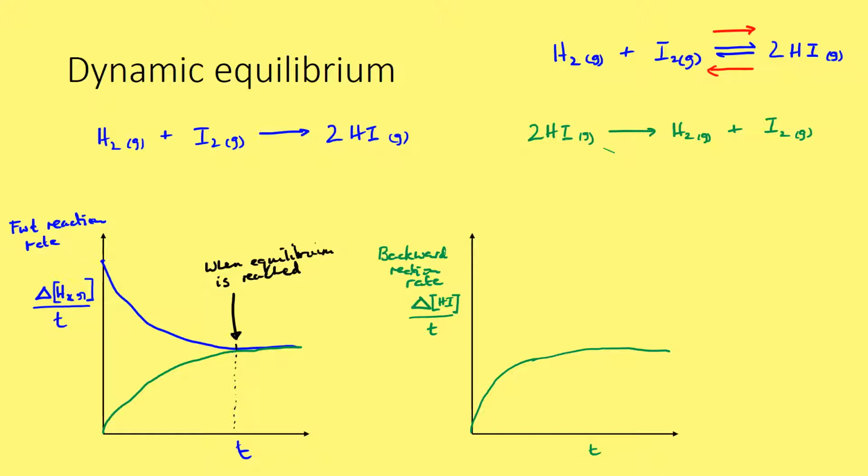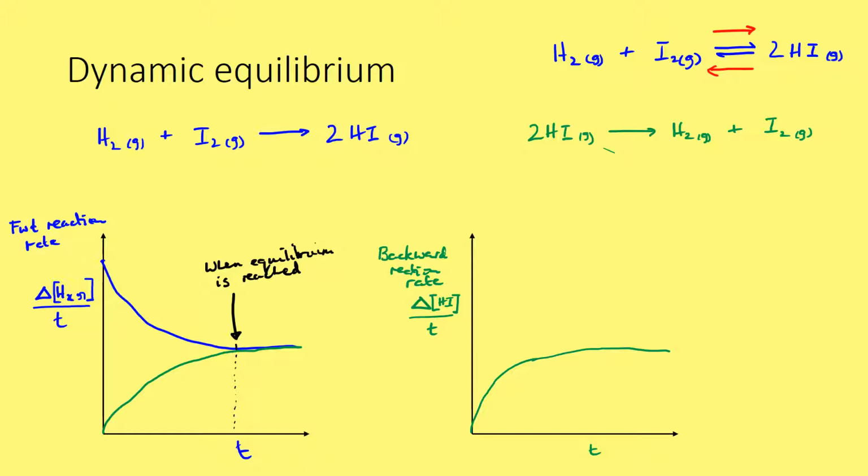Sorry, very bad writing, but hopefully you've got that. That's when equilibrium is reached, when the forward reaction rate is the same as the backward reaction rate. And that is dynamic equilibrium.